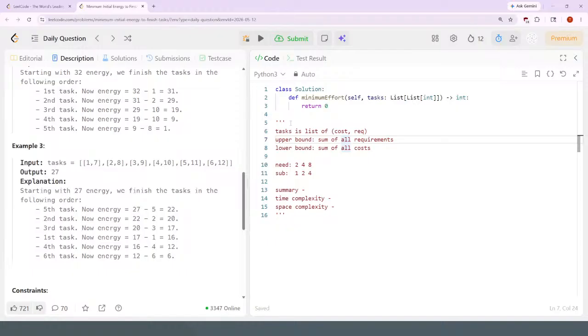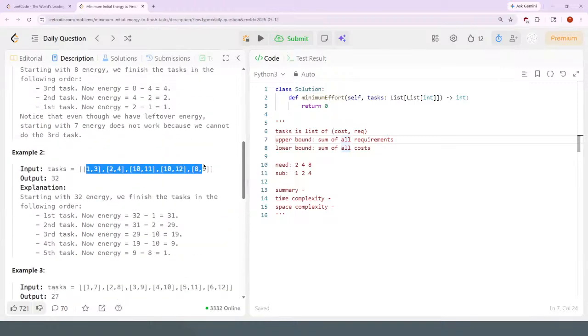But then, what would it be? How would you go about doing the task? This one is very, very interesting, this example.